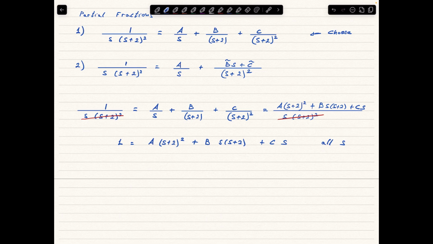For example, we have two roots, so these are the first two values of s we are going to choose, 0 and negative 2. So let's start with s equals 0. So we have 1 is going to be equal a times 2 squared plus 0 plus 0. So from here we get a. A is just 1/4.